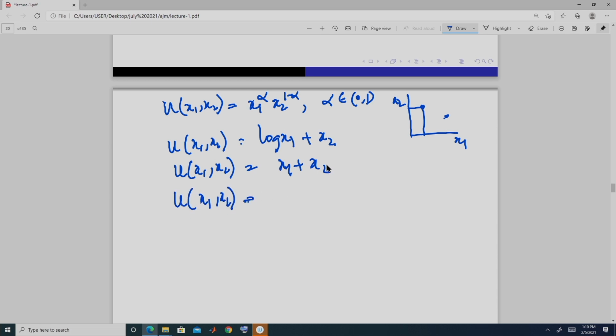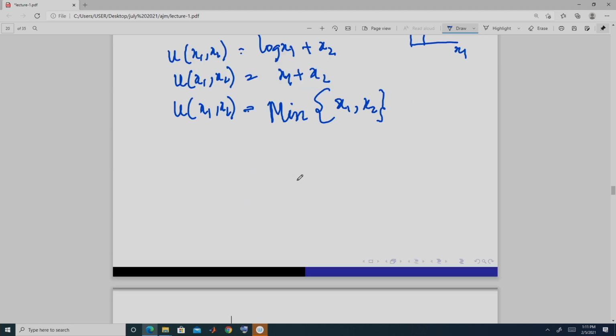So this is an example of perfect substitutes, and this is an example of perfect complements. Goods x1 and x2 are perfect complements. We will do these 4 examples in detail.